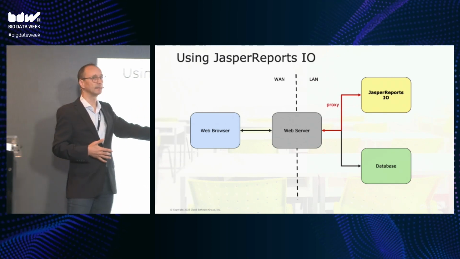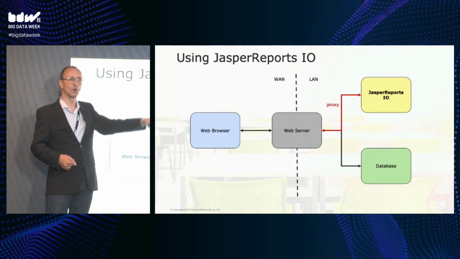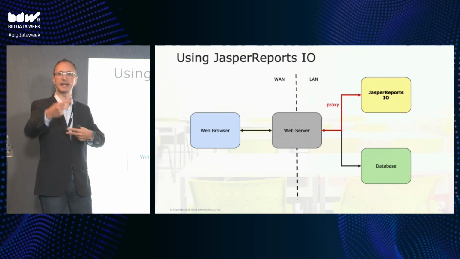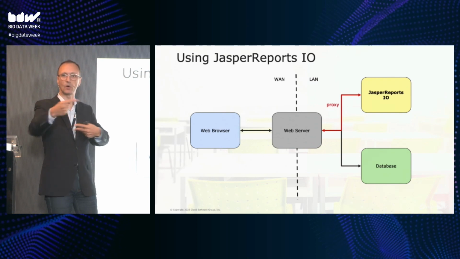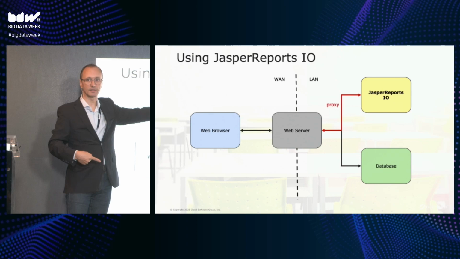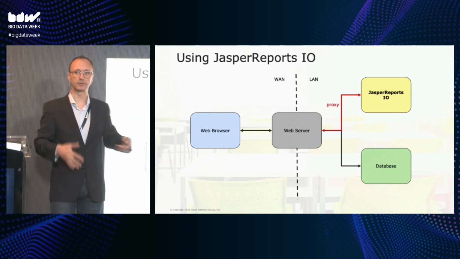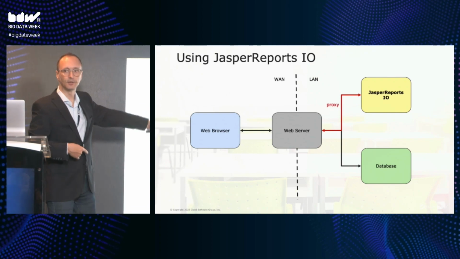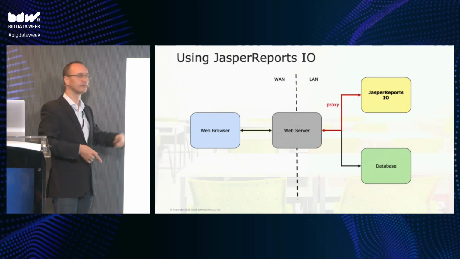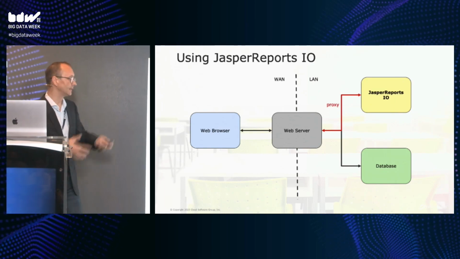So the parent application has the exact endpoints as JasperReports IO: execute this report, give me the status, give me the PDF, what's going on. All these endpoints are in your application and they are proxied, because it's the parent application that offers the security infrastructure. It's there where you log in, obtain tokens and all that stuff. And behind the scenes, you ask for reports and then display them.